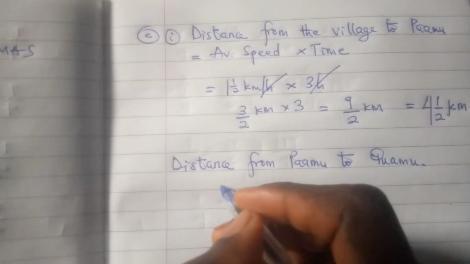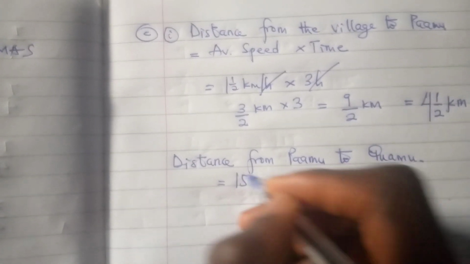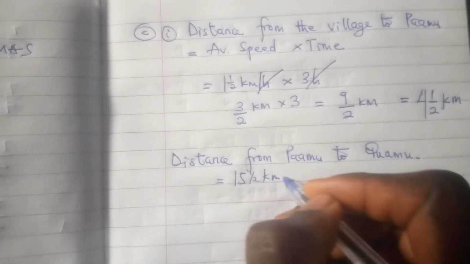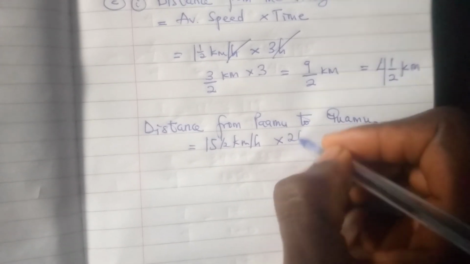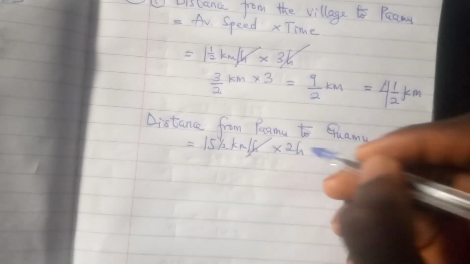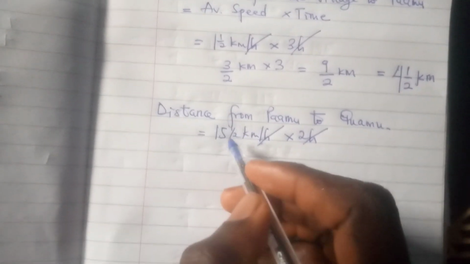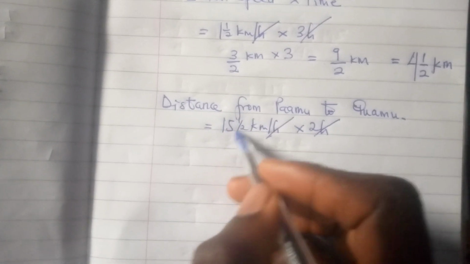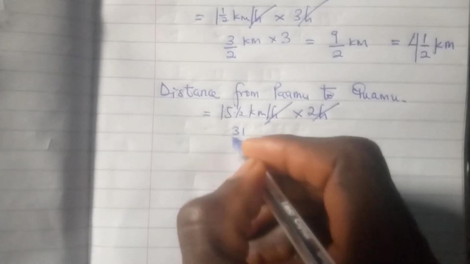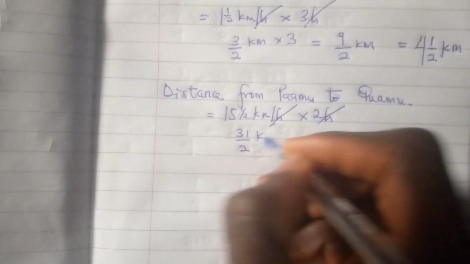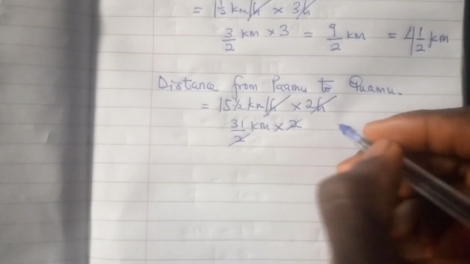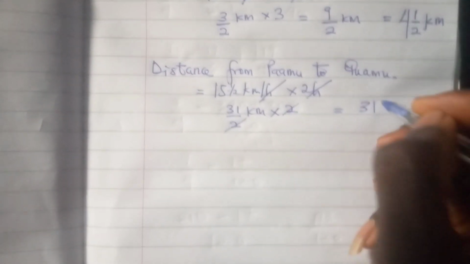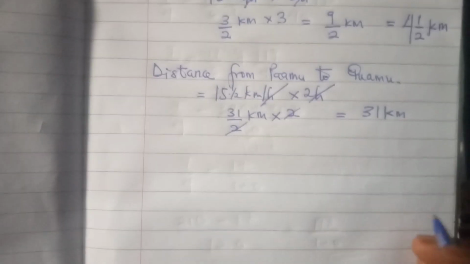So average speed is 15.5 kilometers per hour times the time, which is 2 hours. So the hours will cancel out. Now changing this into an improper fraction gives you 31/2 kilometers times 2. So these two will cancel out, giving you 31 kilometers.